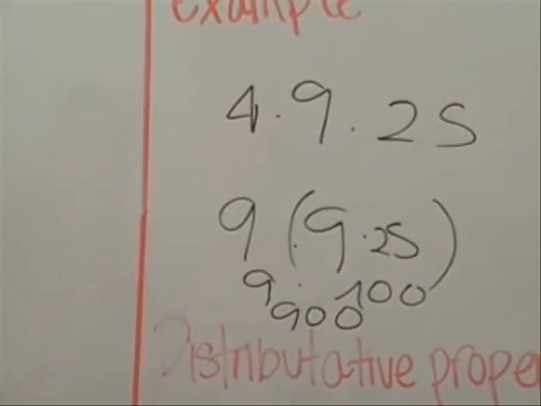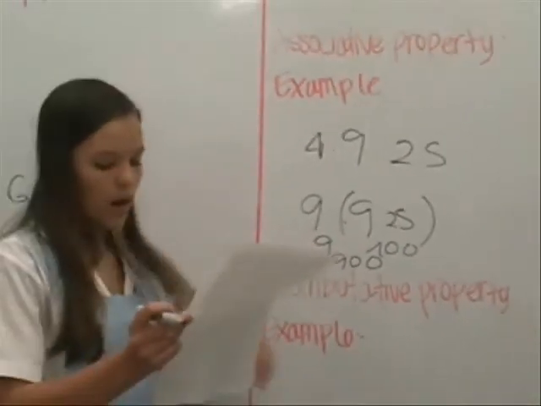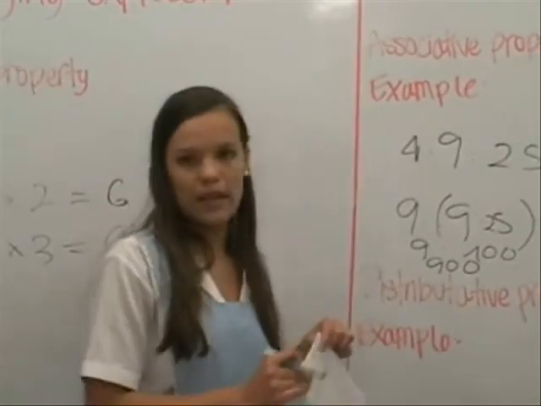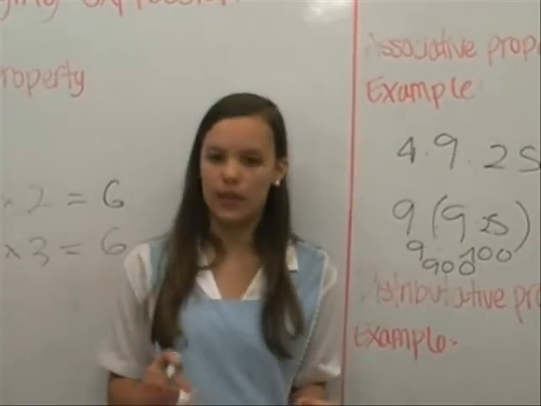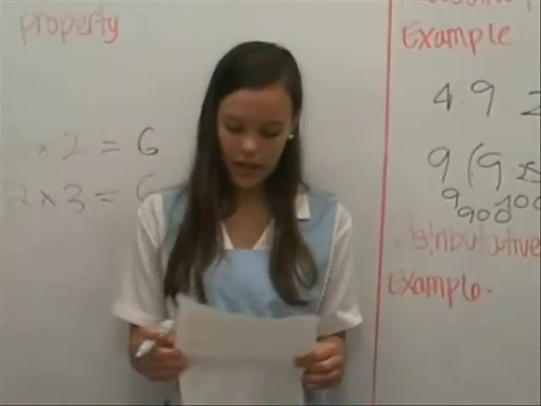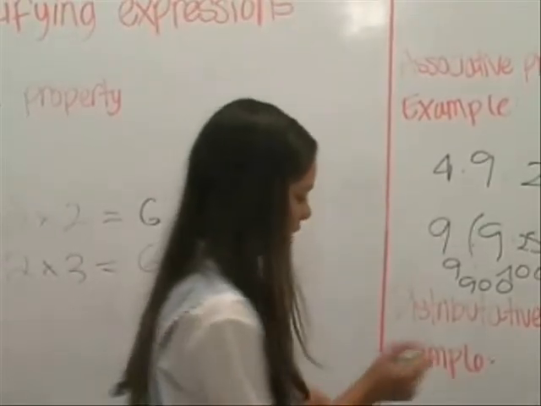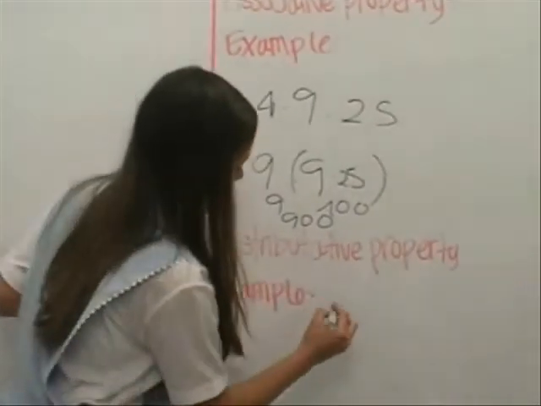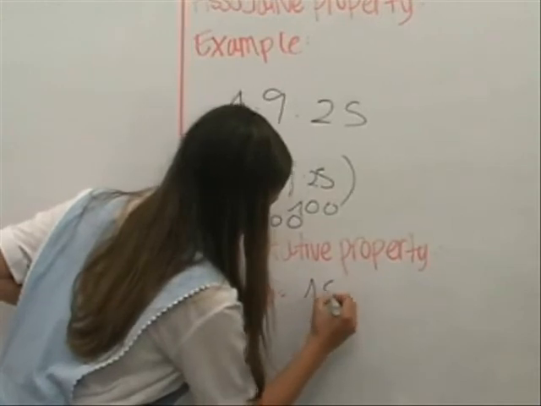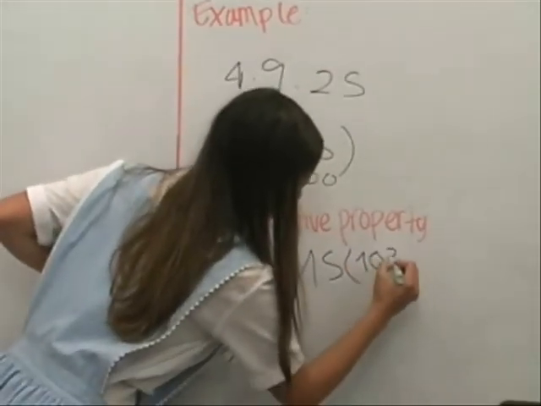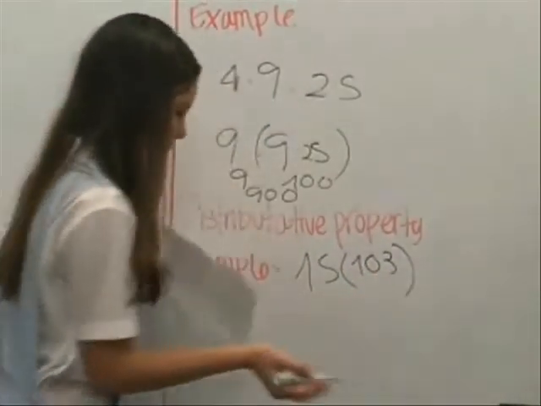And the distributive property is when you are multiplying two big numbers or two numbers that are not really easy to multiply or divide or add, you can divide one of the two numbers. So we have 15 times 103. You can divide this number.